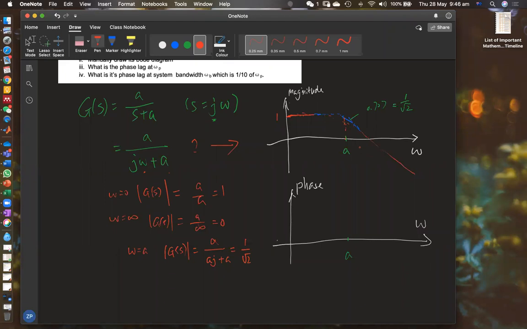Professor. Yeah? Isn't the value of magnitude 0 at omega infinity? So the graph. Yeah, 0 at infinity. Yeah, but the magnitude is like -1 when omega is infinity from when I see the graph.